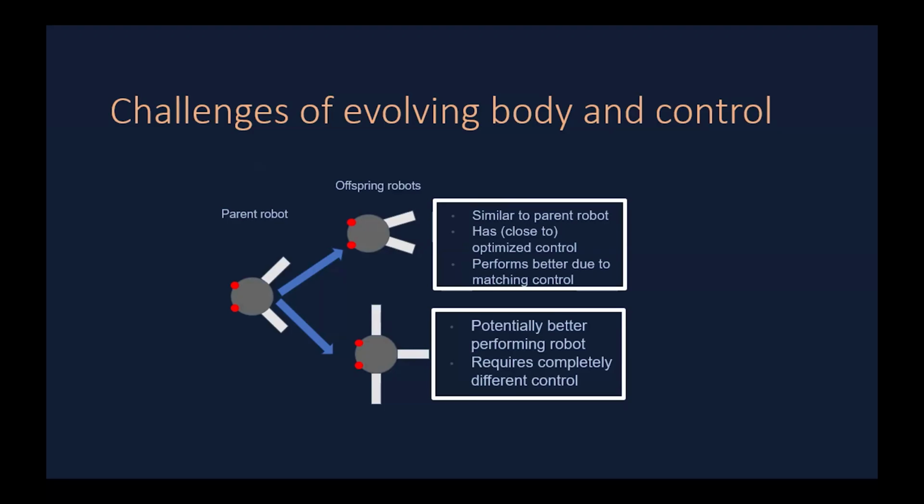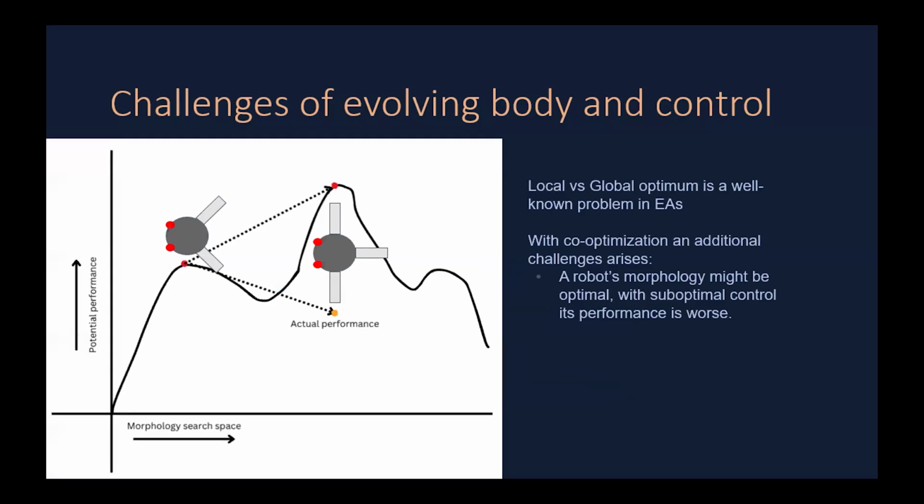However, it requires completely different control than the parent robot. The top robot looks very similar to the parent robot, so it might already have optimized control and will therefore be prioritized over other robots that have not had optimized control.